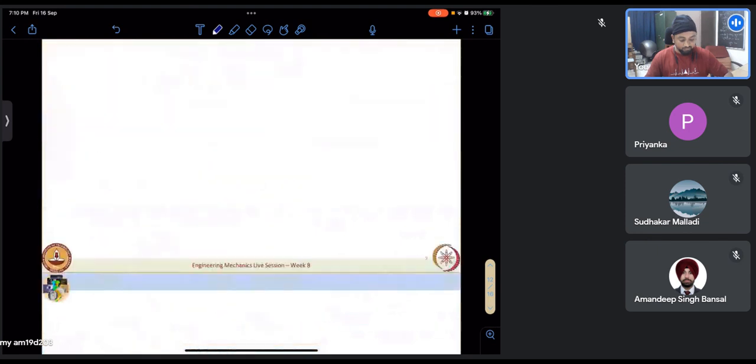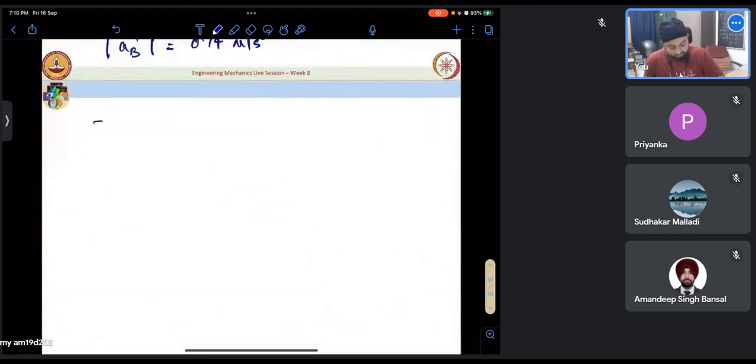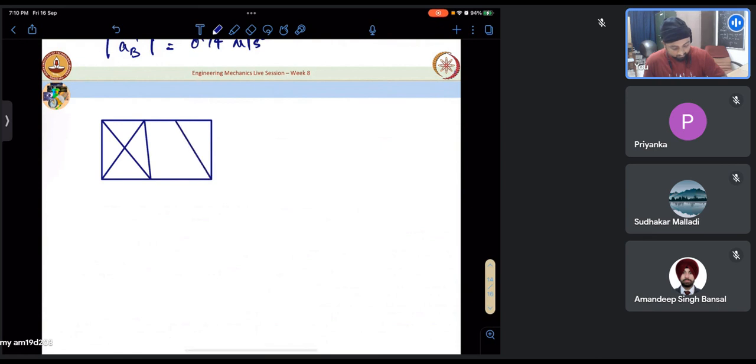So if we take a simple truss like that, and then I have another one like that, even if, okay, I'll just reduce it by 1. So this also, if you see, m plus r equal to 2j will hold, but this will not be stable. Why? Let us say I cut a section here.